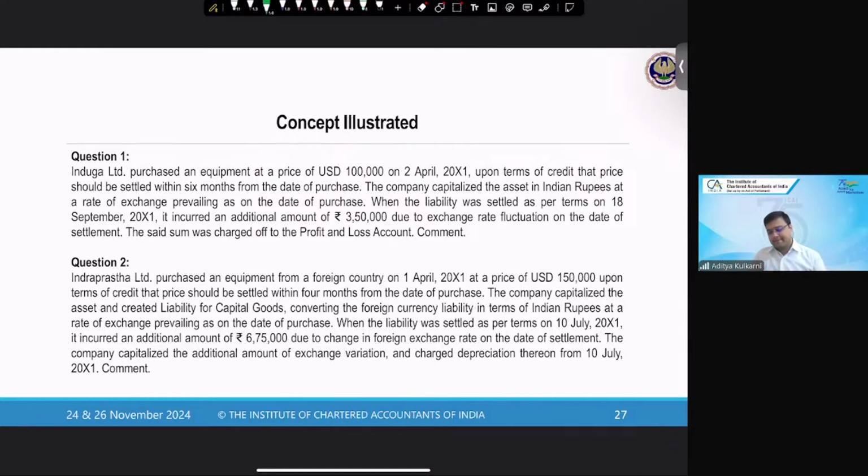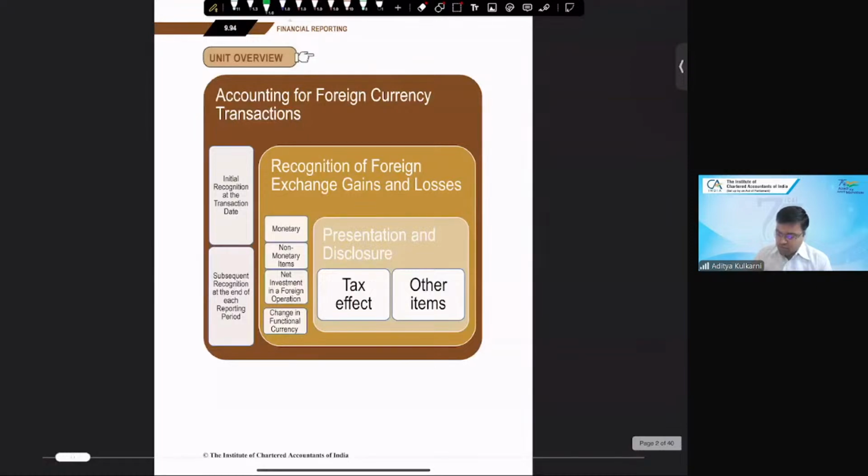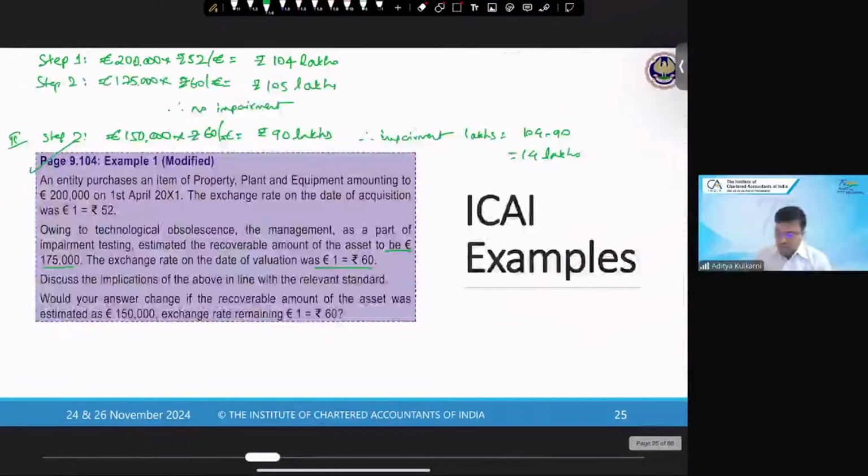Sir, in the recent example of that PPE, we should make a calculation assuming 10 years life, and then we should have given that impairment loss figure, because the date was given as 1st April. Ideally, without considering depreciation, we cannot say that the impairment loss will be 14 lakhs.